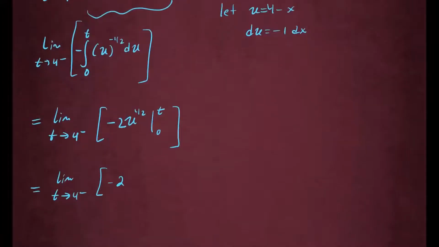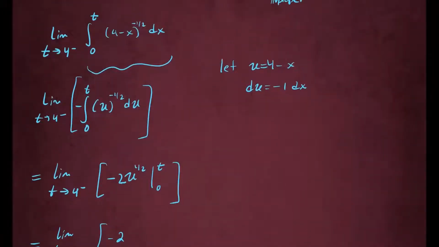Now I need to plug in what u is before I substitute anything. So I'm going to substitute u in here so that I don't misplace my function. So u is right here, because the limits of integration belong to x. So this would be 4 minus x to the power 1/2. Now I can take it from 0 to t.